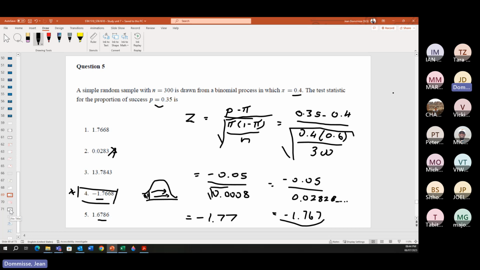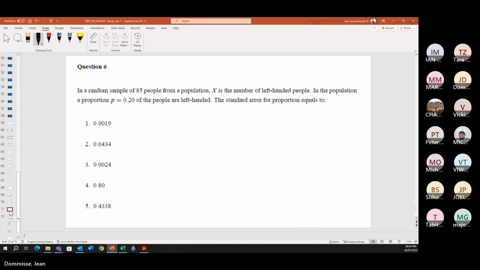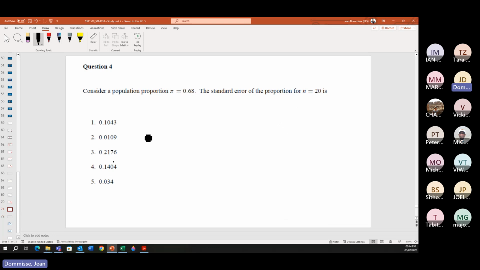Okay, so let's get to this one. In this one, again, it's standard error that they're asking us. So in the standard error, we're basically only looking at this portion of the formula.